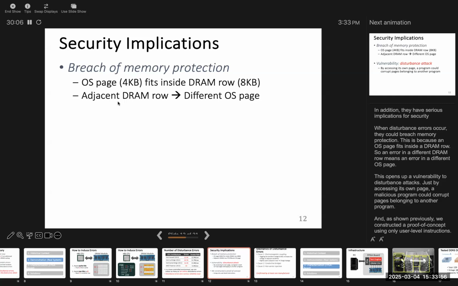An OS page, typically 4 kilobytes, for example, fits inside a DRAM row of 8 kilobytes. So one DRAM row, if it is 8 kilobytes, can host two pages. Now, if the two pages are residing in the same row, they are next to each other. Assume a situation where the first 4 kilobytes contain the data of one process, and the next 4 kilobytes in the row contain the data of another process.